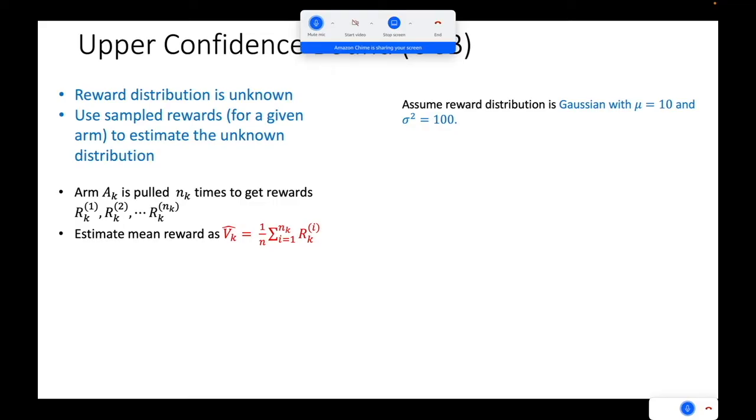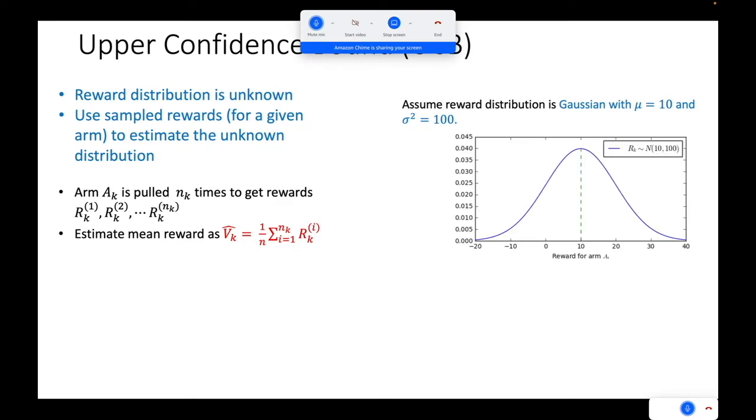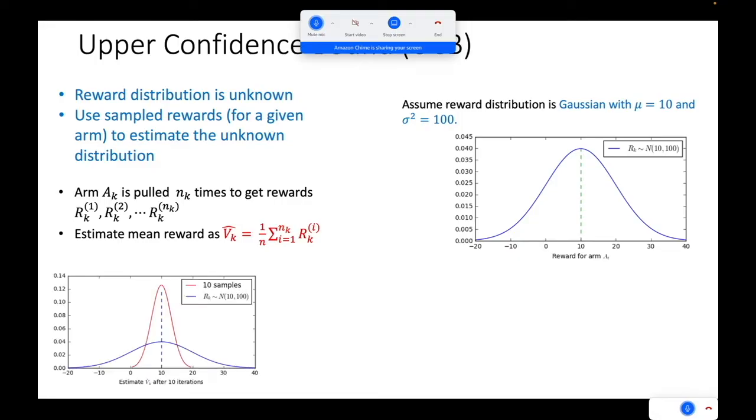We can look at a simulation where the reward distribution is a normal distribution with a mean of 10 and variance of 100, which, if you look at the PDF, has this kind of bell shape. And we can also look at the distribution here. This blue one is the distribution of rewards, and the red one is the distribution of the mean reward that we have estimated after drawing 10 samples from this blue distribution.